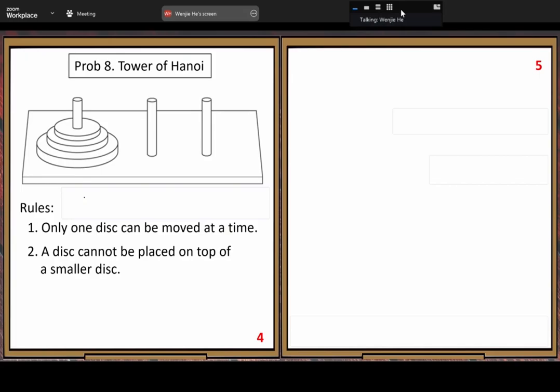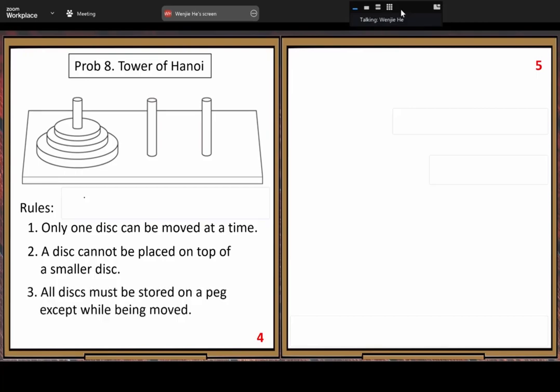You have to maintain the order. A smaller disk is always on top of a larger disk. That's rule number 2. You have to follow it.